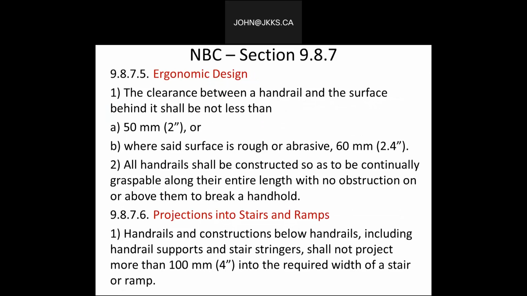Let's talk a little bit about ergonomic design, which the code addresses. The clearance between a handrail and the surface behind it shall be not less than 50 millimeters or 2 inches. So again, when we talk about the graspability, although that very first image we looked at of the ramp had a nice rail sitting on top and a little bit of a side rail on the side, there technically is not 2 inches of difference as required by building code.